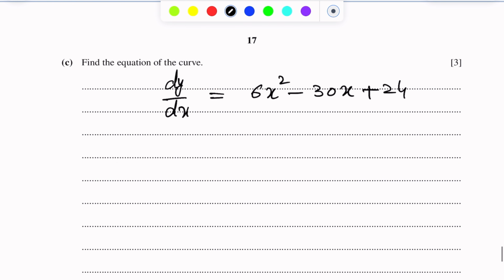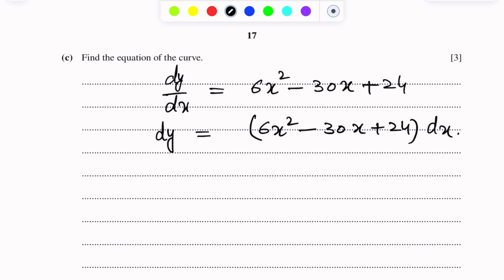Now we will integrate each side. Before integration, we are rearranging by cross multiplying. We can write it as separating the variables. dy will be on the left hand side, and 6x square minus 30x plus 24, into dx, will be on the right.